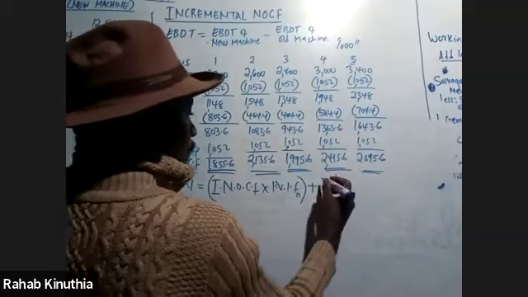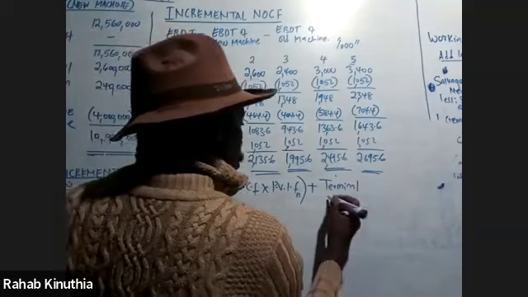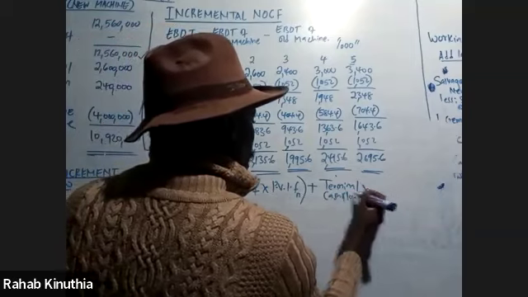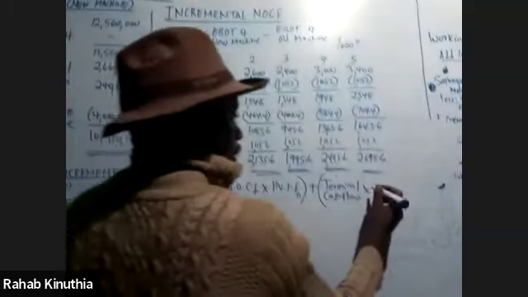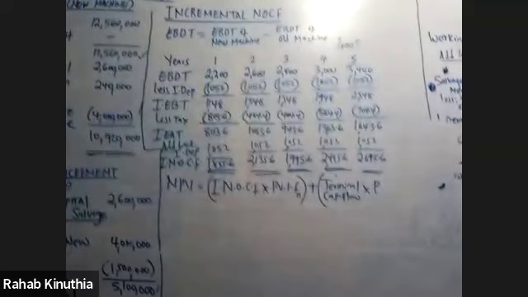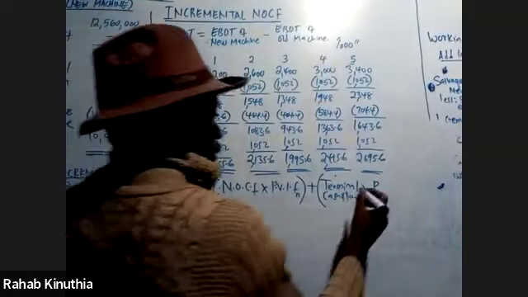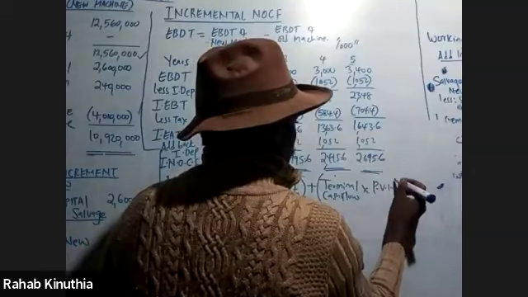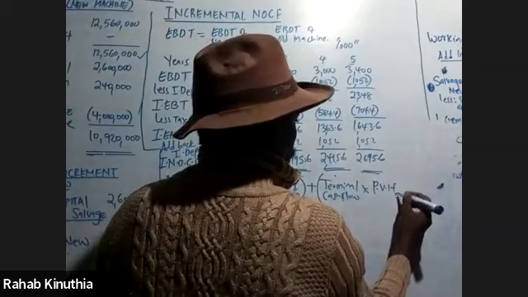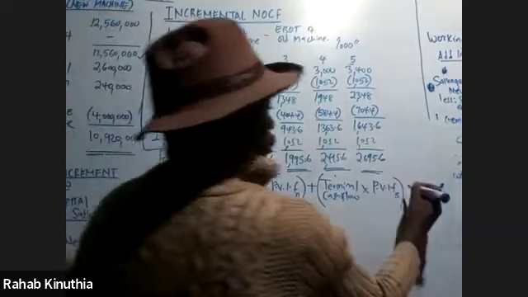We add terminal cash flow, present value interest factor for period 5.